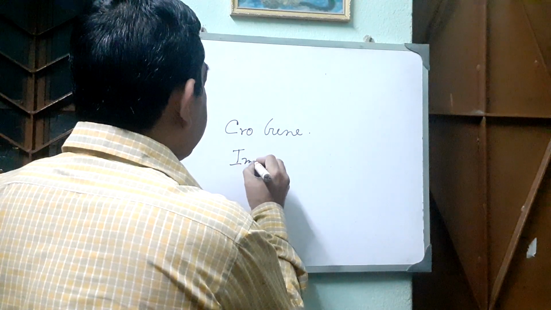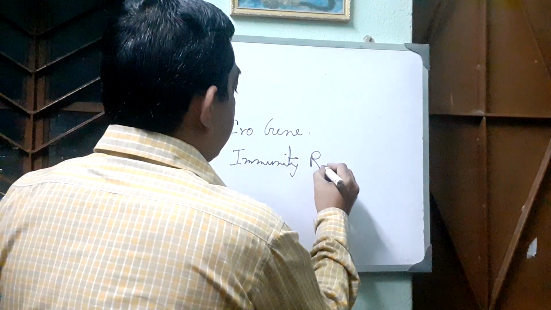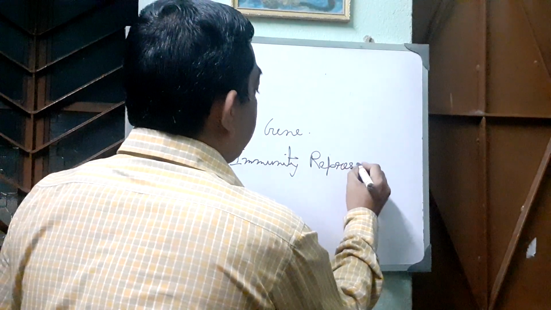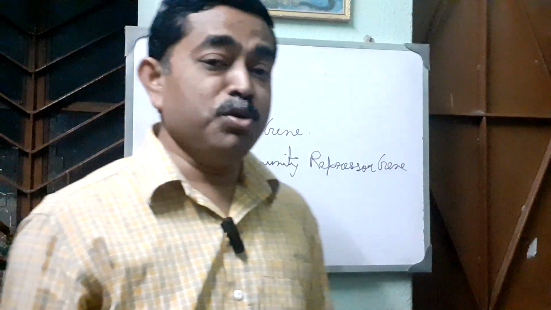So this progene and the immunity repressor gene are simultaneously responsible for whether the lysogenic cycle happens or not.